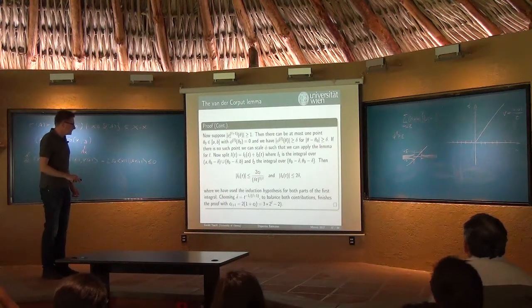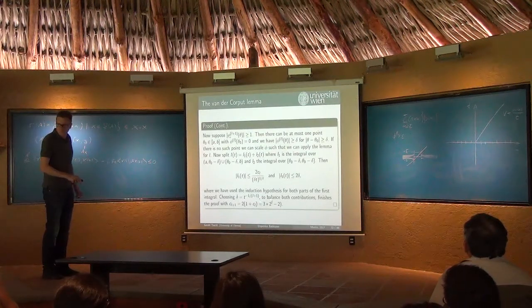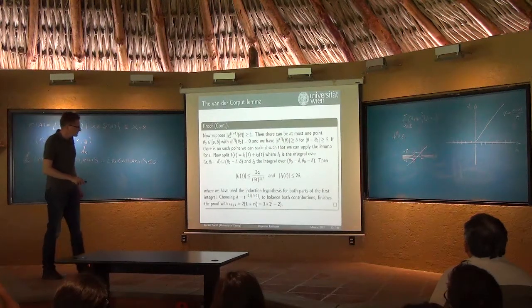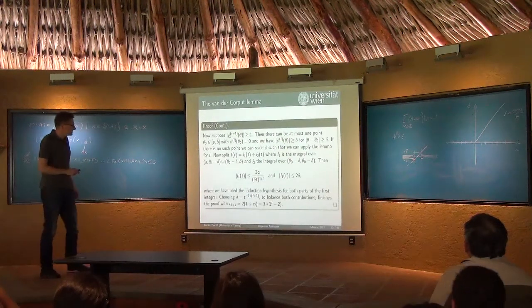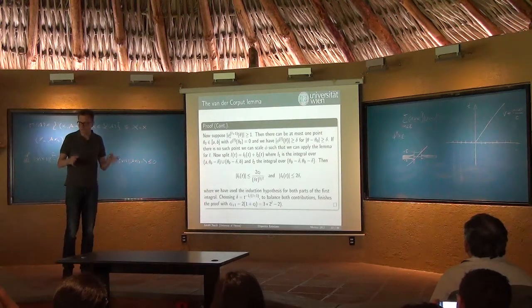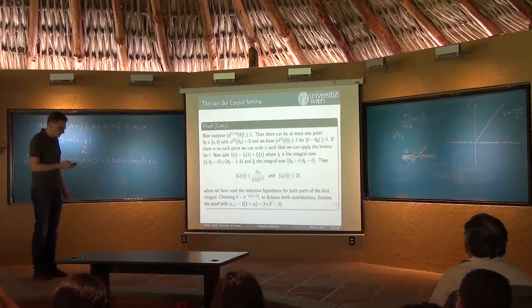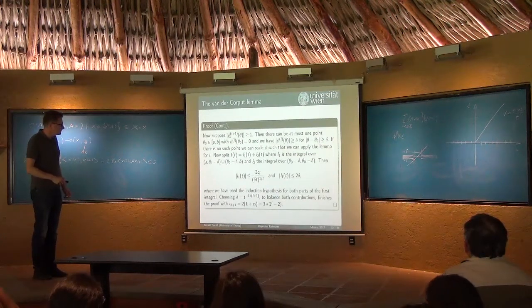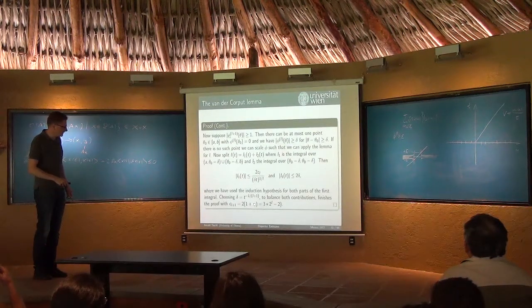And now for the inner piece, we choose delta like this. We make this special choice in such a way that we just balance the two contributions from these two parts. If you plug this in, then you get your corresponding estimate with this constant C_L depending on the previous constant, and you get this recursion right here.